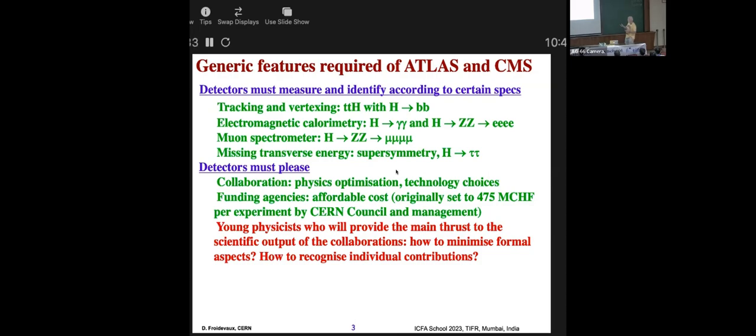So the Higgs boson, through its various decays, puts challenges on basically all of the aspects of the measurements in the experiment. And a final requirement, which is not so unimportant, is the detectors must please. I was asked a question yesterday, why does CMS have all silicon and why does Atlas have a gas detector? There is no answer which is scientific 100% to this question.